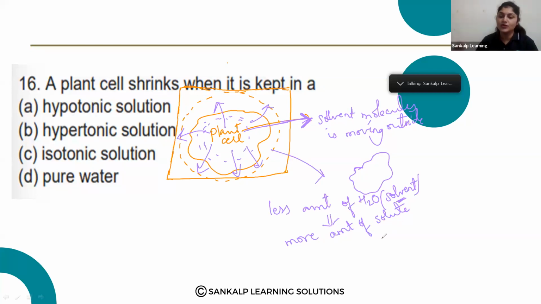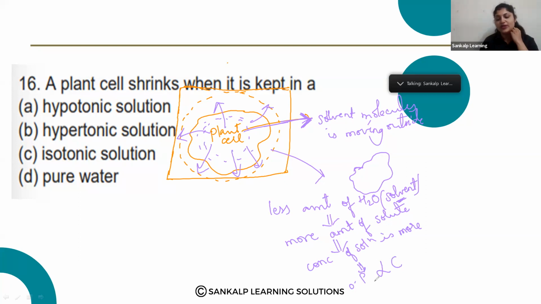Solute will be more. So more amount of solute is present. If more amount of solute is present, then the concentration of solution will be more. Now you know osmotic pressure, right? Osmotic pressure is directly proportional to concentration.